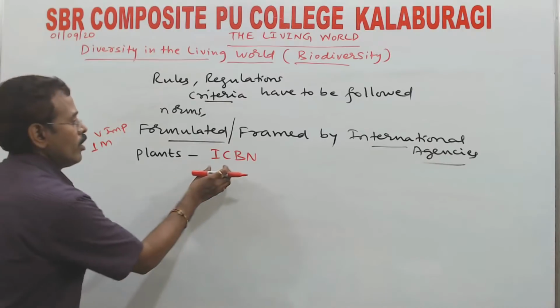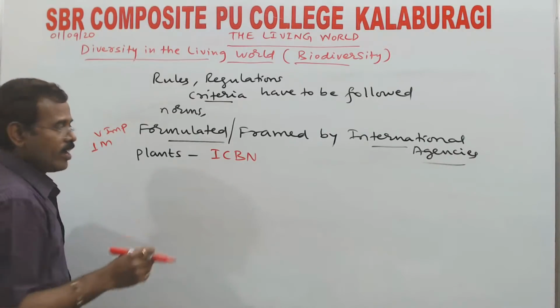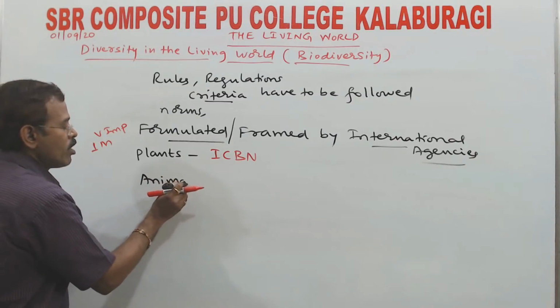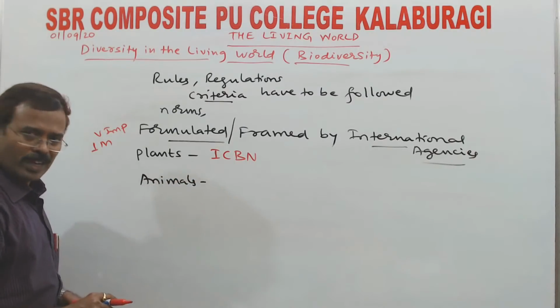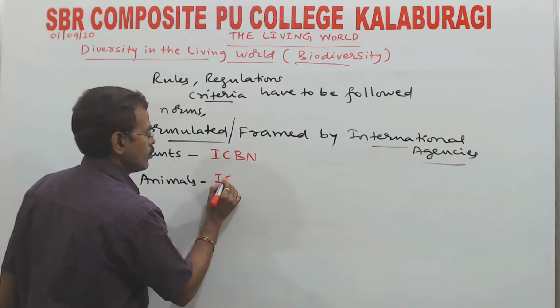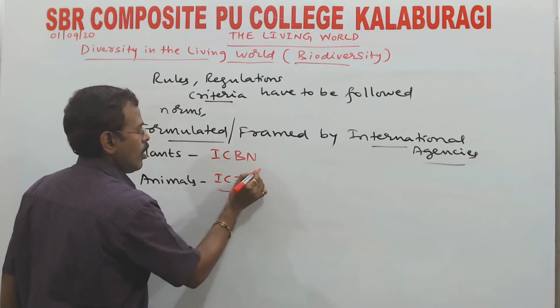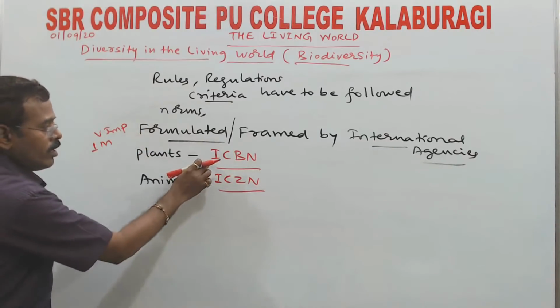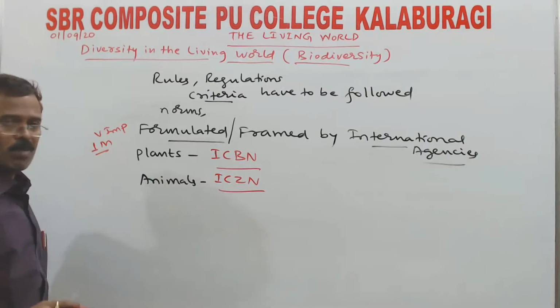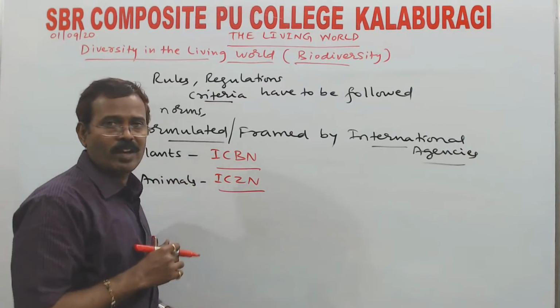Okay. Now remember the expansion of ICBN. The scientific naming of animals as per the rules and regulations is governed by ICZN. Expand ICBN, expand ICZN, very important for 1 mark. So what is this ICBN?